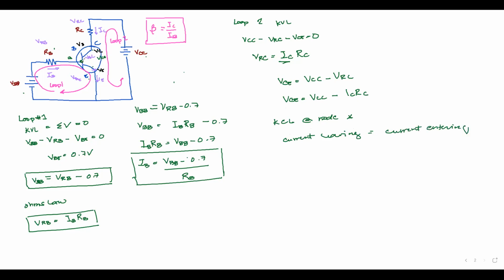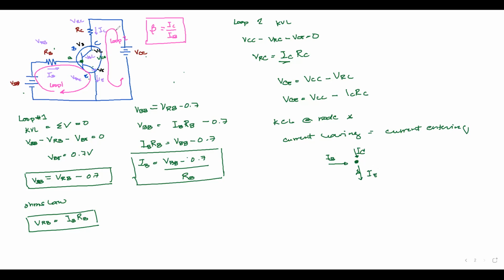Based on the loop, who is entering and who is leaving? At node A, what enters is your IB, and then we have your I sub C, and what leaves node A is I sub E.